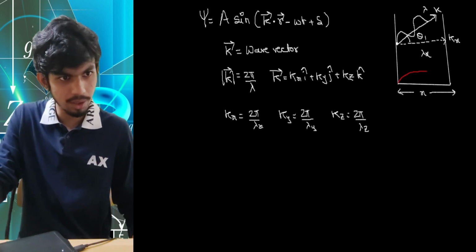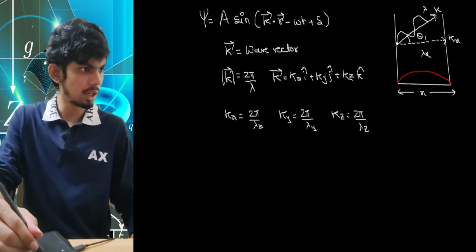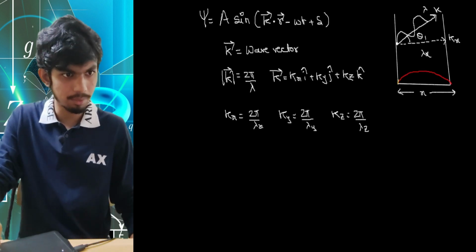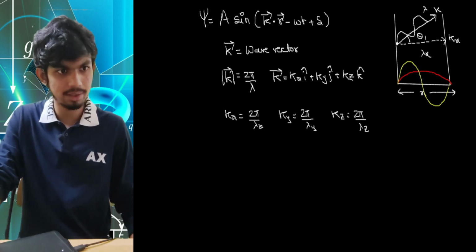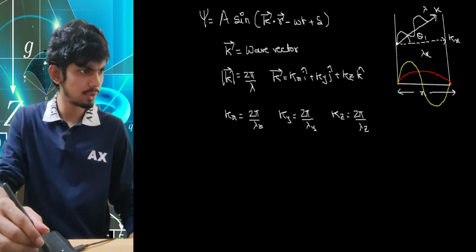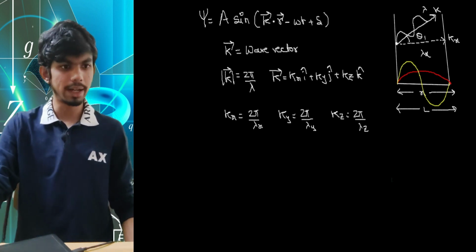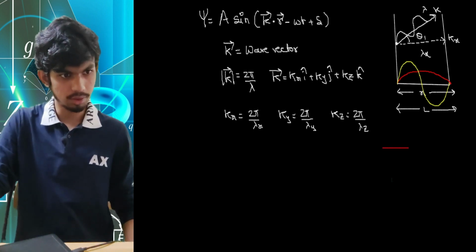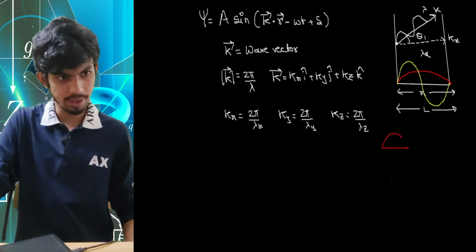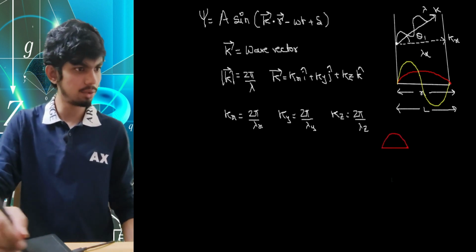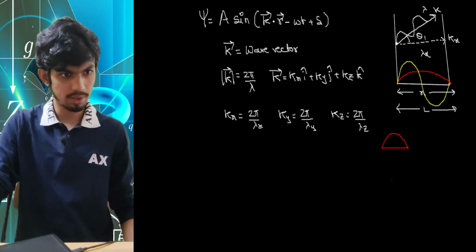Now you notice that I've told you within this box there are stationary waves, right? So one wave will be like this, another wave will be something like this, and so on and so forth. So now let me draw these waves separately. I'll draw the red wave first. So this is what the red wave looks like, and then you have the yellow wave, right?